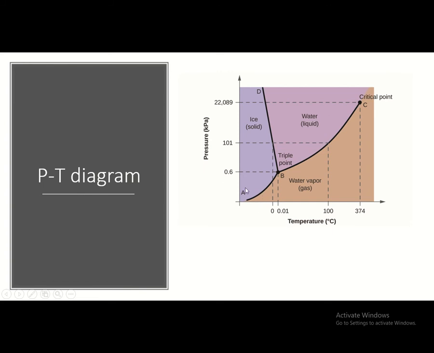Any combination of temperature and pressure will result in a point in a region or maybe on a line. As you can see here, this part stands for the ice, this part stands for the liquid state, and this part down here stands for the gas state. And this is our triple point.